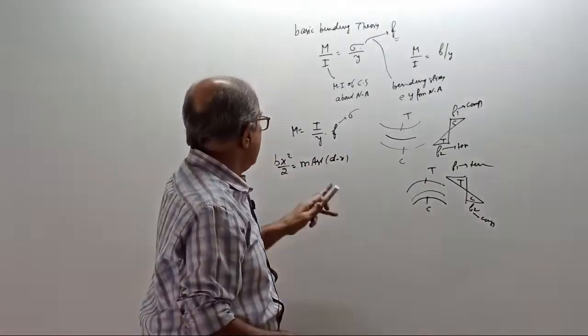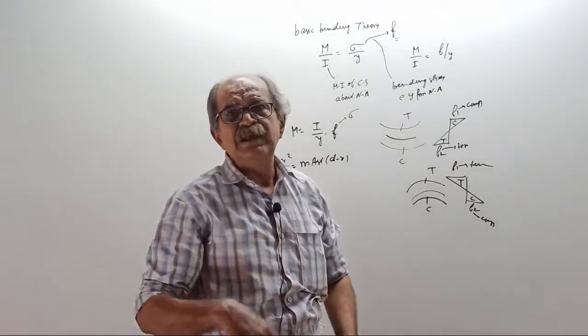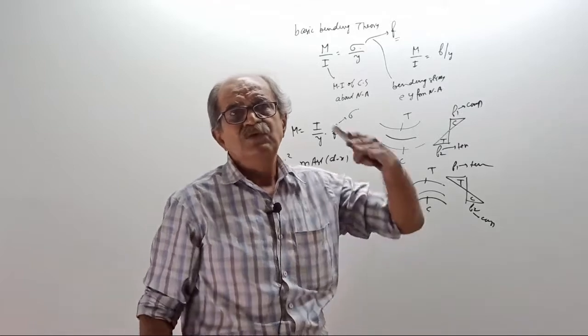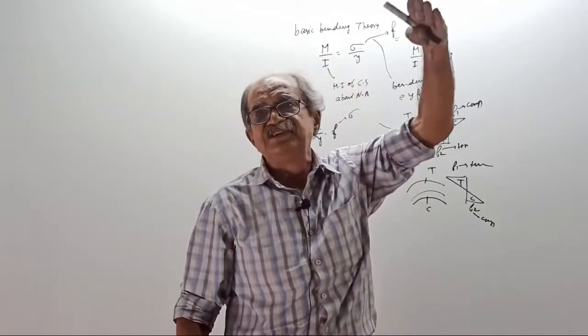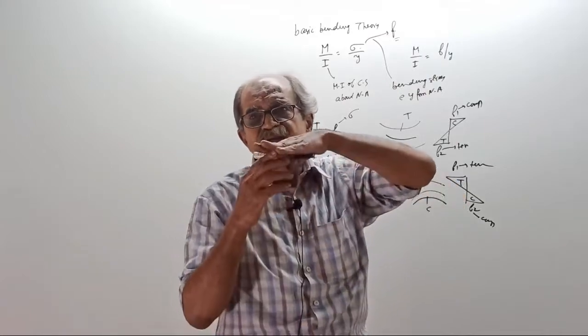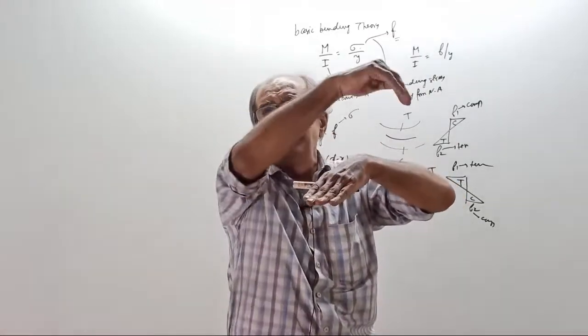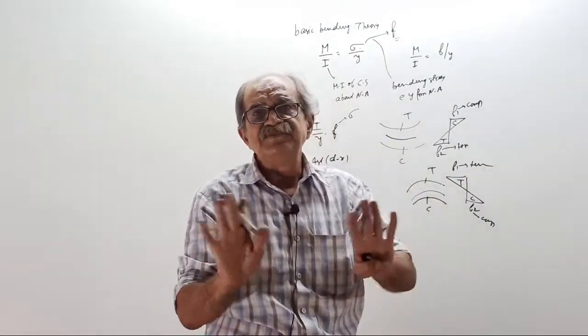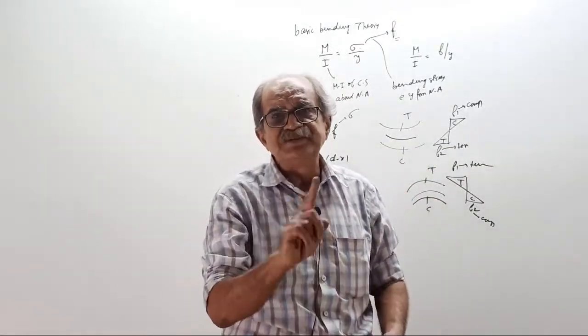Remember, this is nothing but a1y1 plus a2y2, or taking moment, same theory. Usually you take moment about the edge. Here you take moment about the neutral axis. If you take moment about the neutral axis, the moment of compression area should be equal to the moment of tension area. And remember, this is not an RCC class. Too much I can't tell.